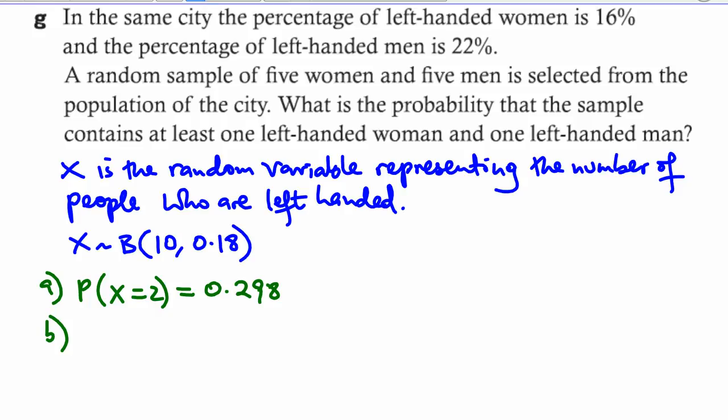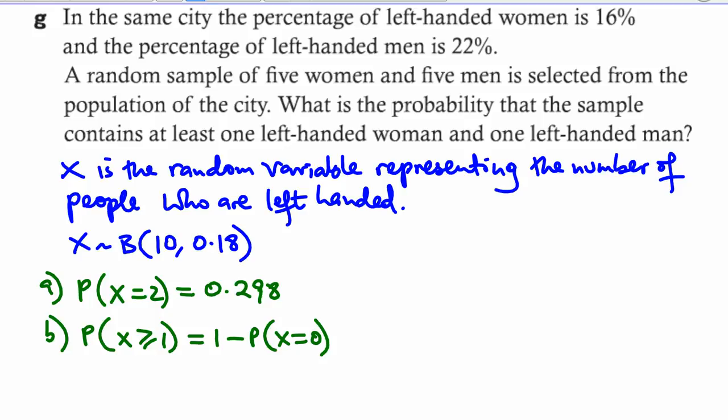Move on to B. Find the probability that at least one person in the sample is left-handed. So at least one person means one or more, which is the same as 1 minus the probability that no person, or 0, none of them, is left-handed.